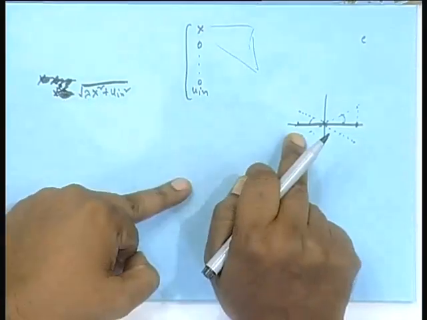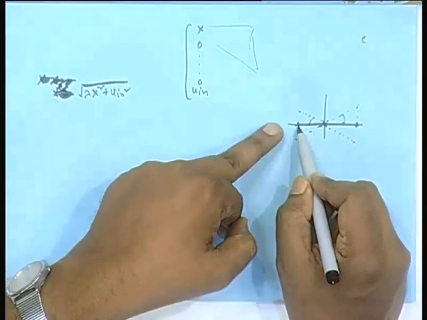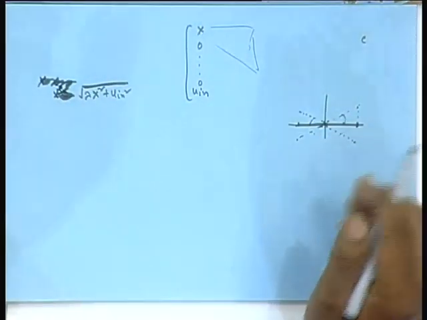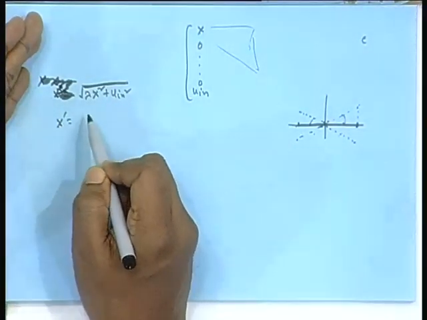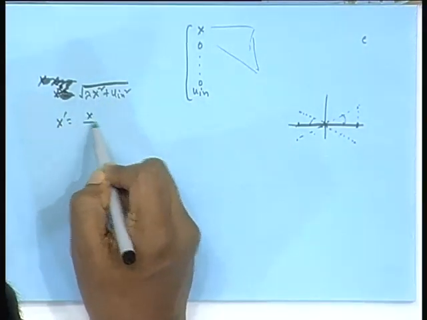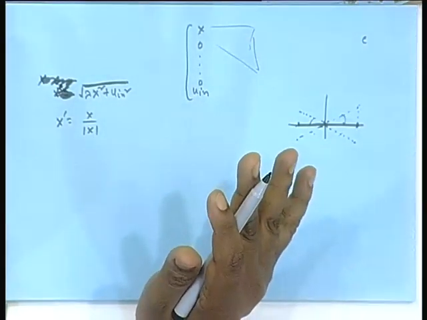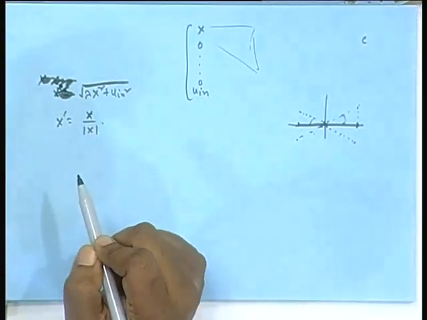The sign should be negative if x is. On the other hand, if it is here, even then I rotate, but the sign remains negative. That means, new x prime will be, how to take the sign of x? x by mod x, you all know this. Always taking it to the positive side.